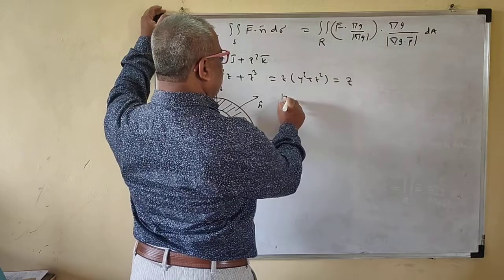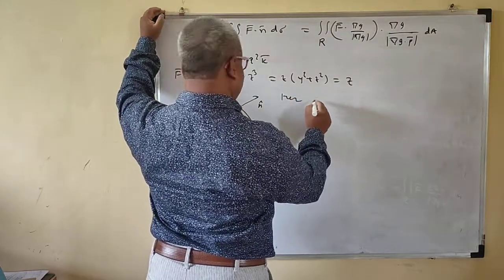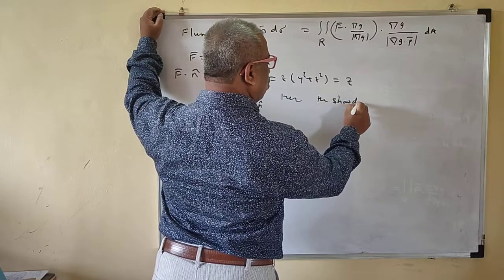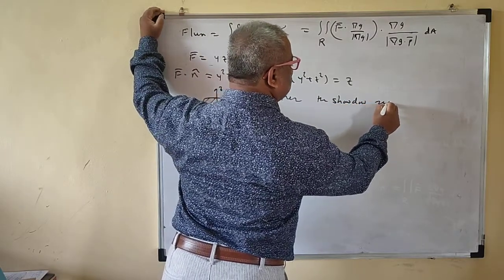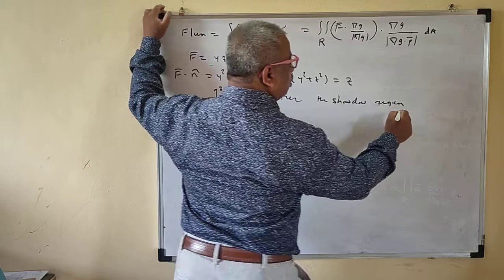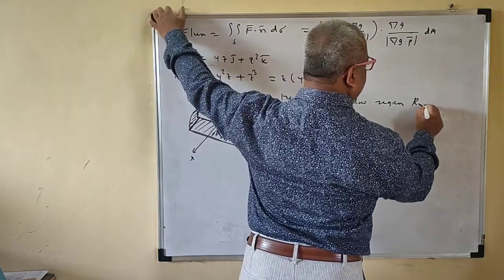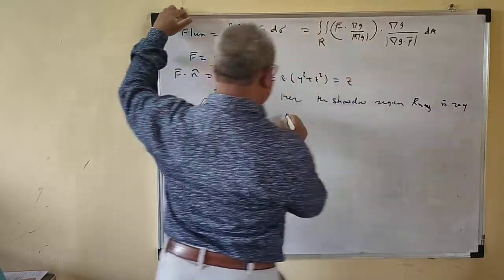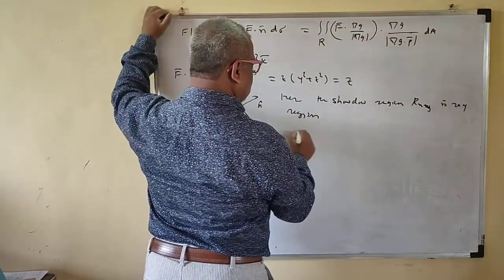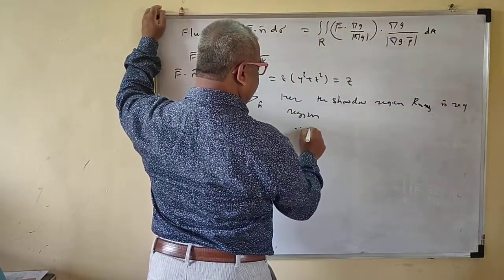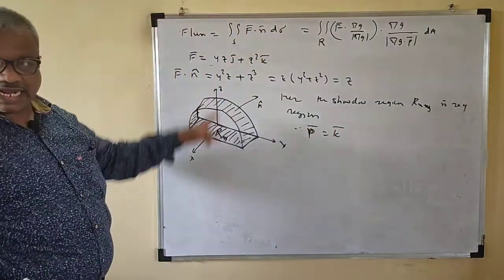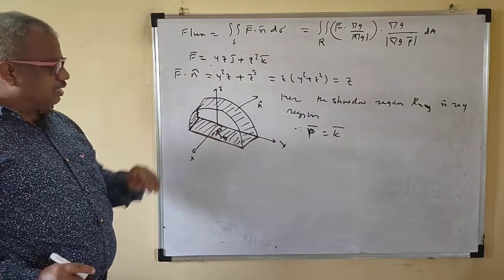Here the shadow region Rxy is the required region. So therefore p cap or p bar is the same as k bar, because of the z axis. The unit vector along the z axis is k bar.